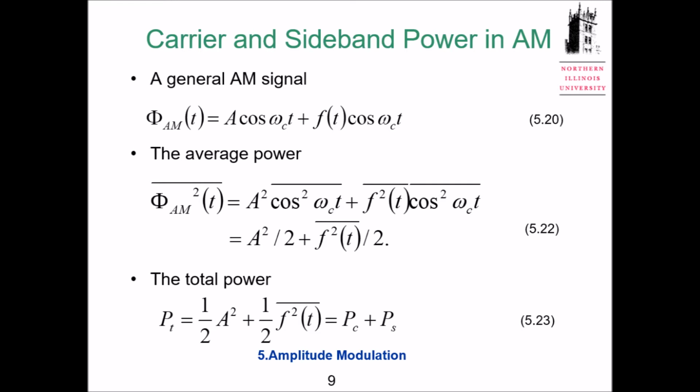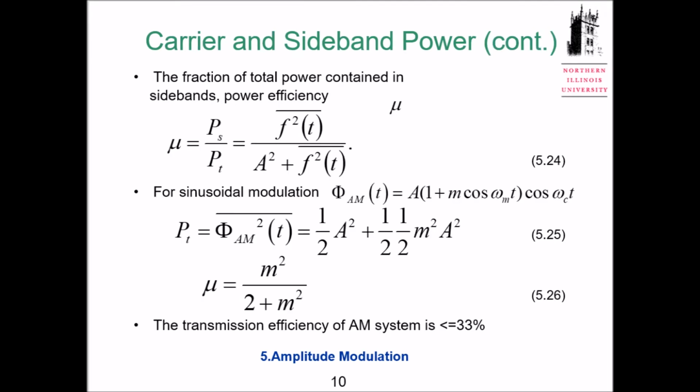And very importantly, we talk about power for AM double sideband large carrier signals. Total power, power for carrier, power for information. So PC, PS, and I also wrote down one more equation here that is for the general case, not for sinusoid. And since not all the power is used for transmitting my signal, we define a term called power efficiency. This is power for signal over the entire power we transmitted.